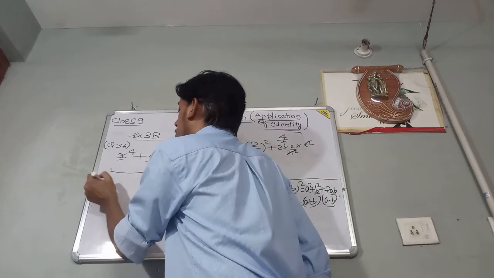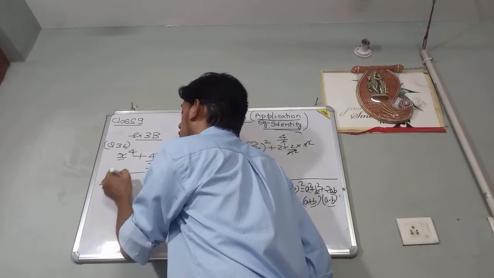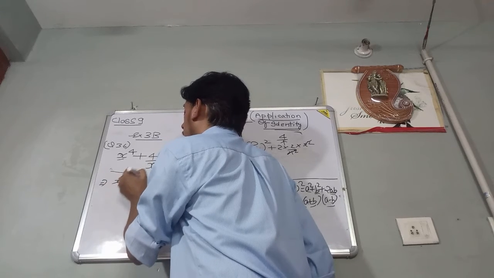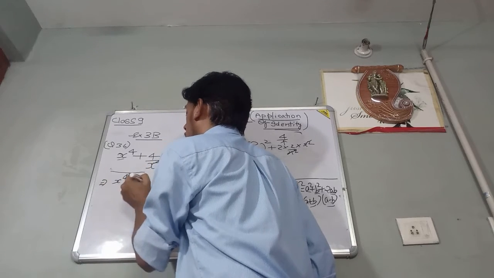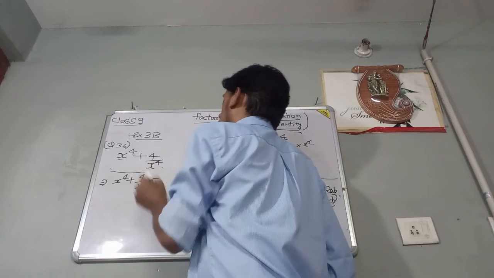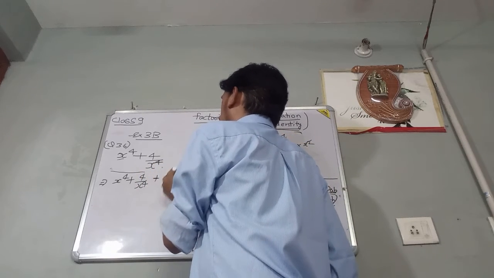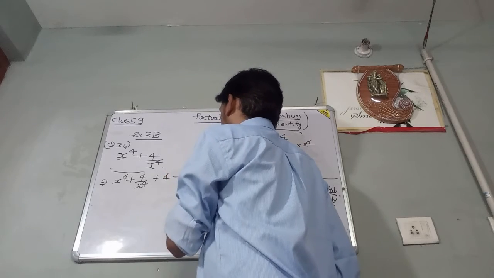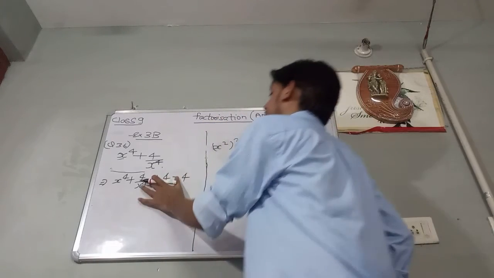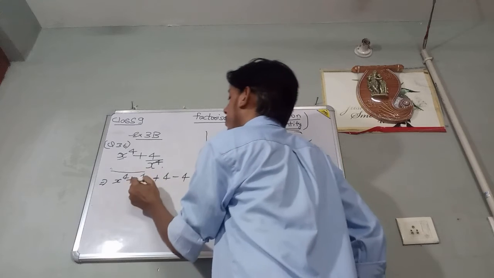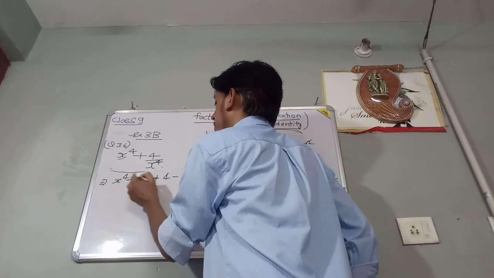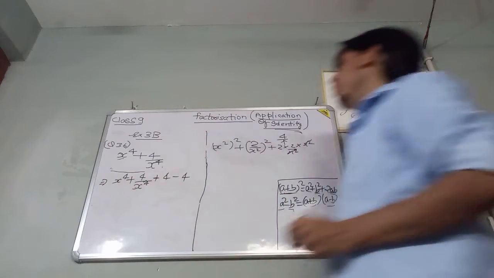So in the next step, what we will do: x to the power 4 plus 4 by x to the power 4, plus 4 minus 4, okay?